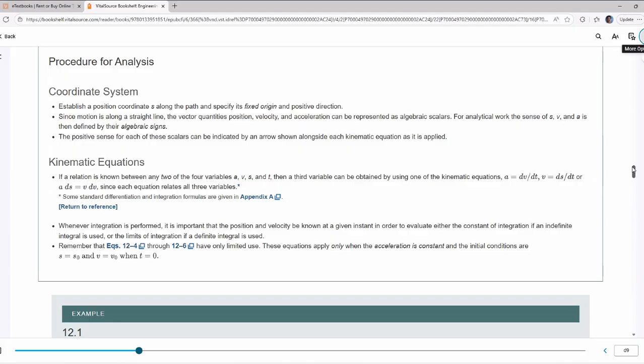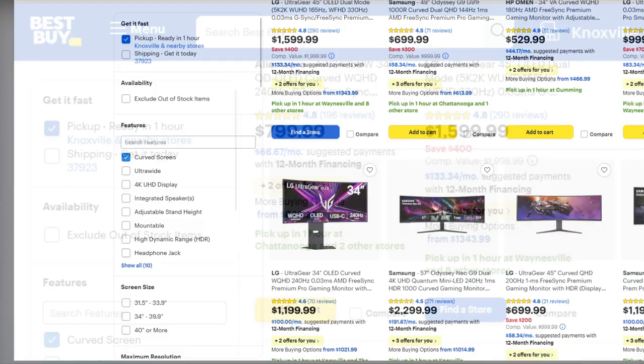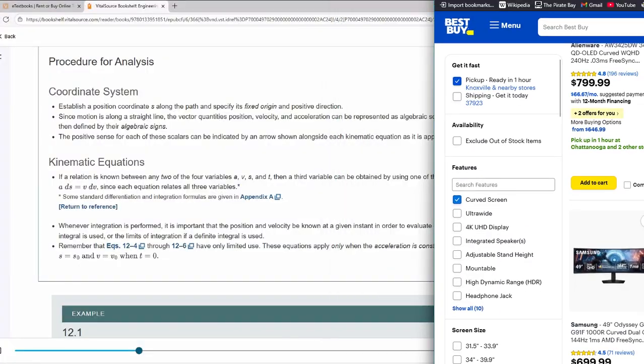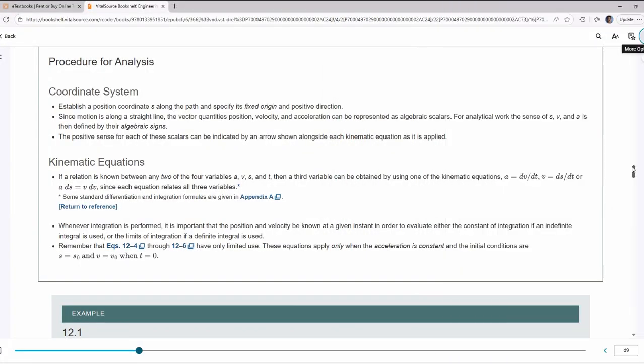All right, since motion is along a straight line, if we move to the right, that is positive, move to the left, then it would be negative. Something like this. Now then, kinematic equations: I already summarized the 3 kinematic equations. We apply kinematic equations.